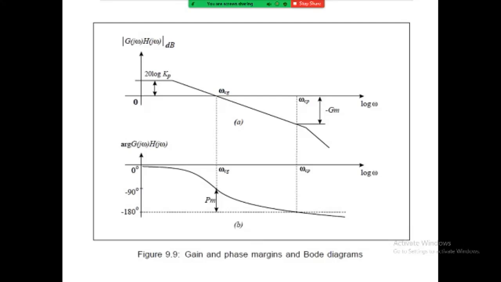So what is the real pole? The transfer function of a real pole is given by G of j omega equal to p upon p plus j omega, which is equal to 1 upon 1 plus j omega by p, and it has the following magnitude and phase.